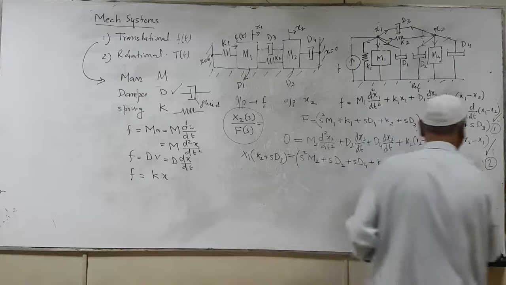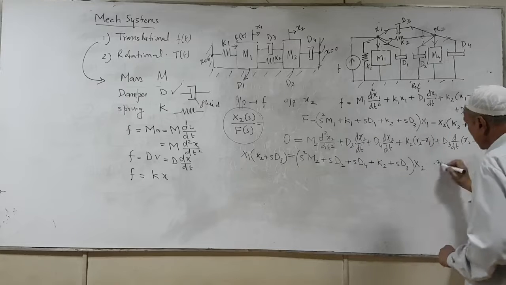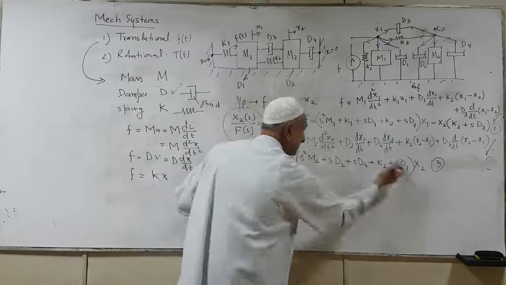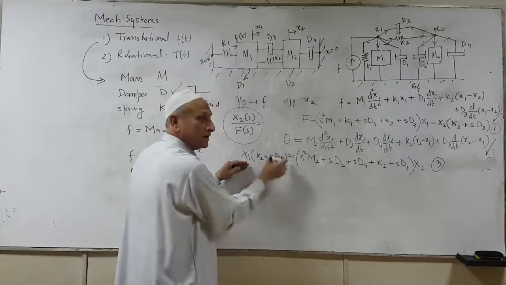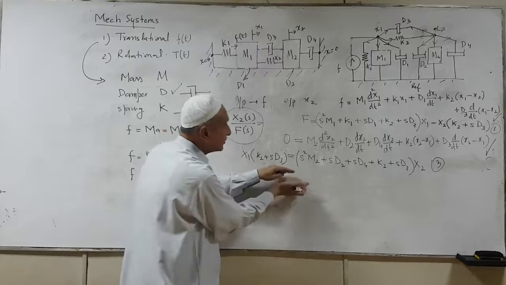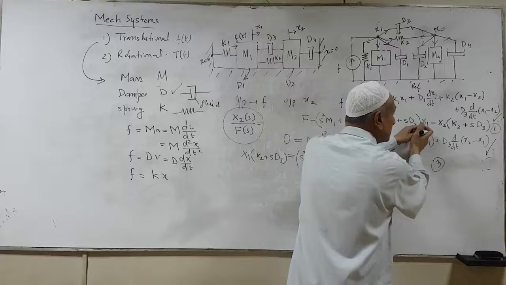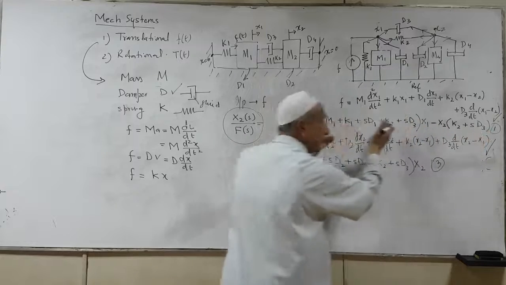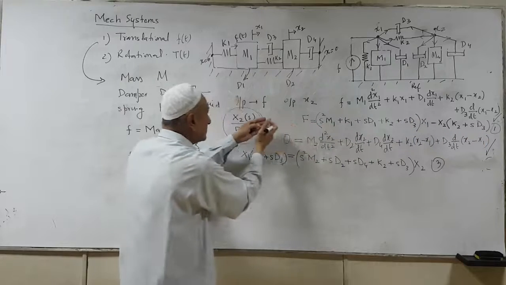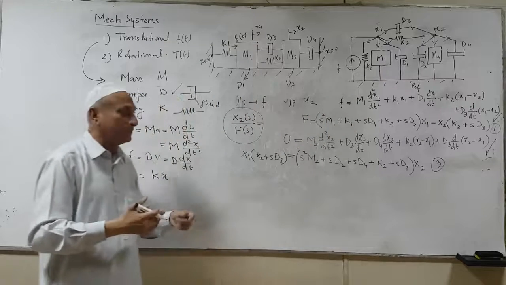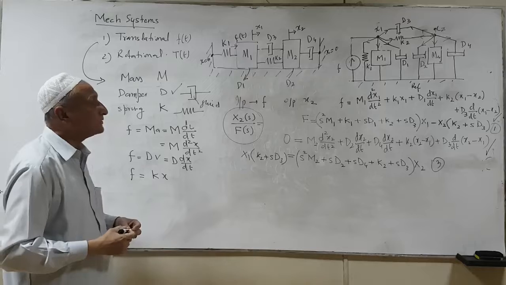You modify this one and this becomes equation 3. Now get the value of x1 by dividing this entire quantity by this term in the bracket, and then put that in this expression. So what you are actually doing, you are getting x2 on one side and f on the other side. Take the ratio, whatever the mathematical function comes on the other side will be the transfer function.